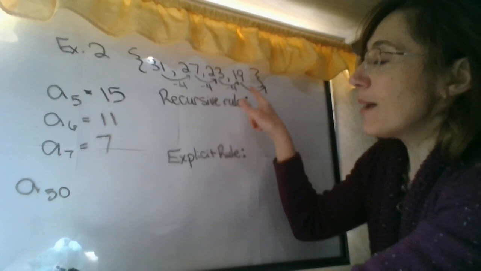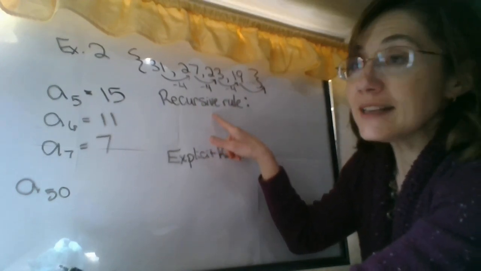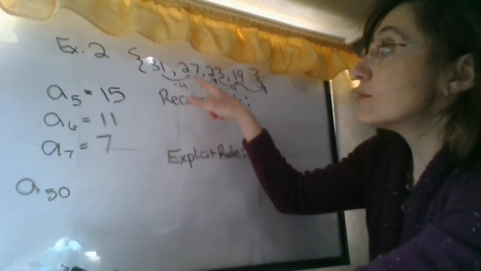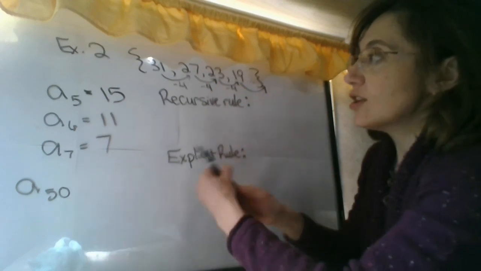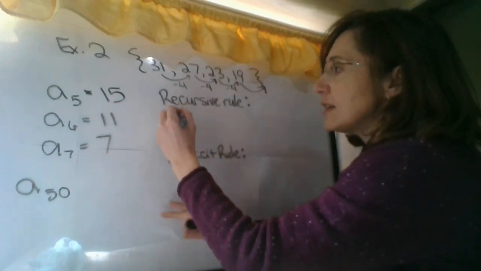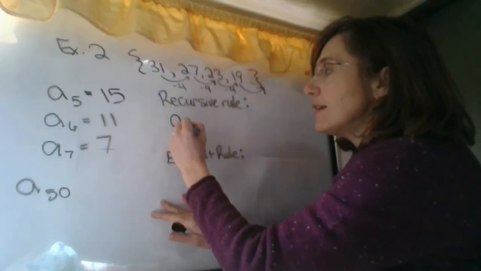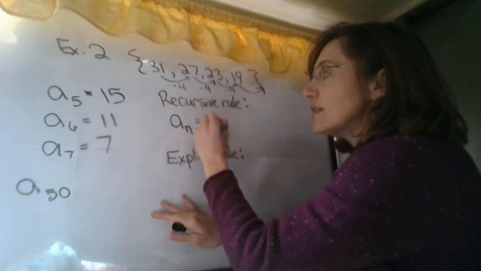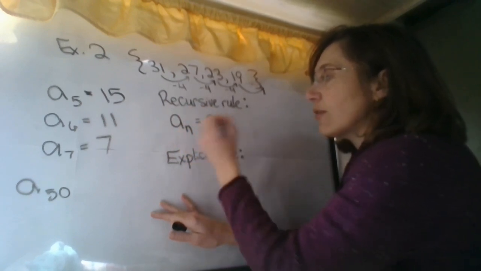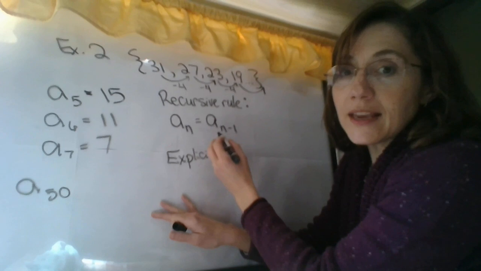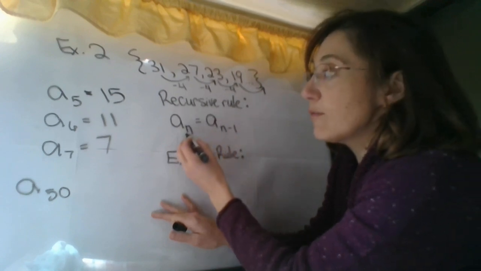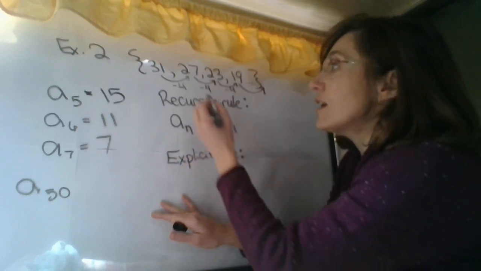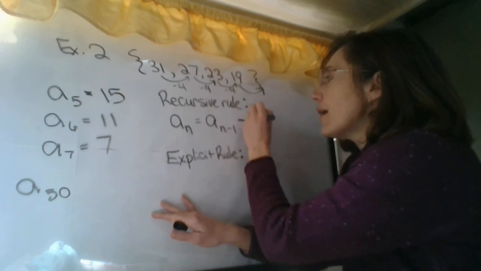So once you see the pattern, the recursive rule is easy to identify because we're going down by 4s. So to find a value in our sequence, a sub n, you take the previous value, which we call a sub n minus 1, the one before this one, and we're going down by 4s.